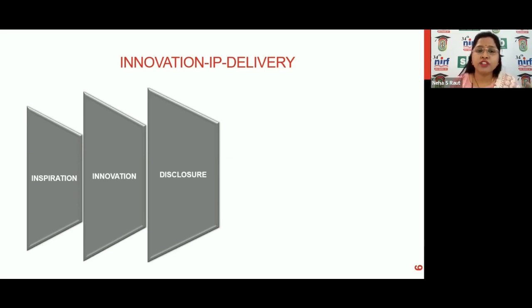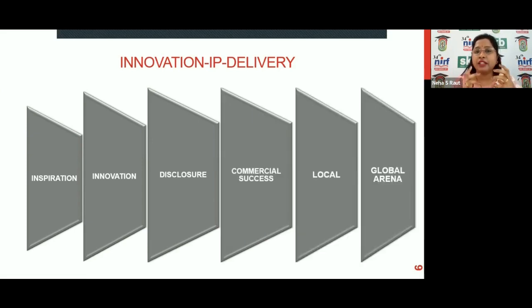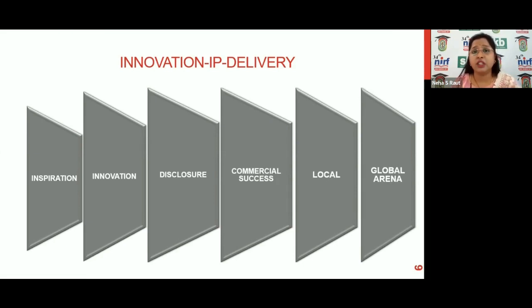So before going for disclosure, we have to protect it under IP, so that the disclosure is made through intellectual property. Ultimately, if it has potential in the market, it goes to commercial success, even in India at the local arena, and through the different routes of international filings, we can go for the global arena. So this is the innovation IP delivery, and it is really important for students and research scholars to know how to go about this.